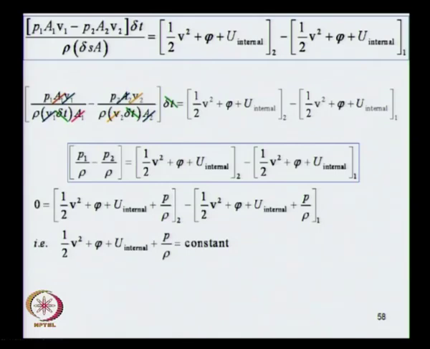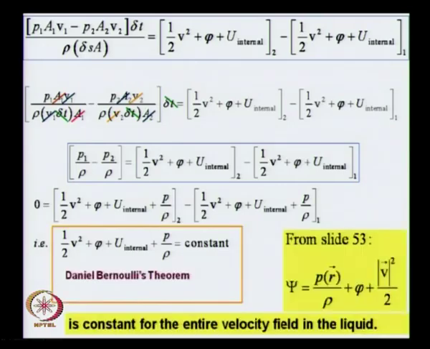No matter what you do, the quantity inside this bracket must therefore be constant, because they are independent of the location on the x axis. It is the location on the x axis which is indexed by the subscript 1 and 2, which is exactly the Bernoulli's principle which we got from vector calculus.